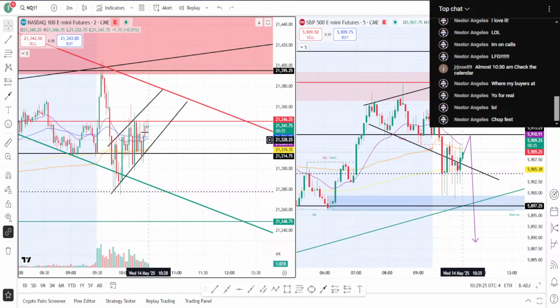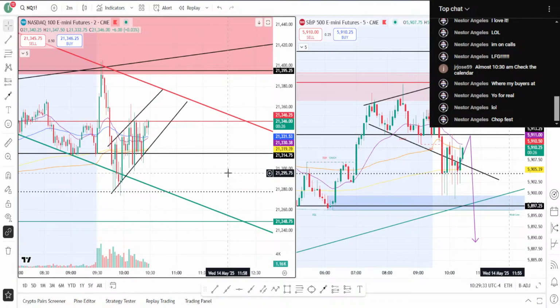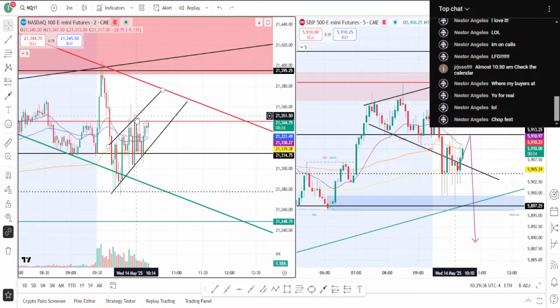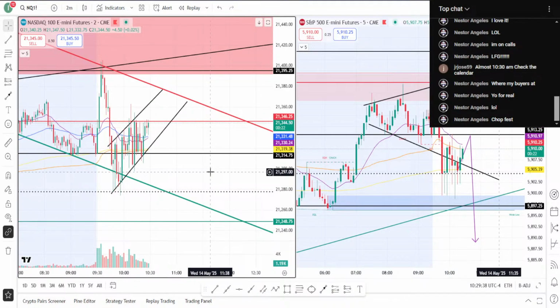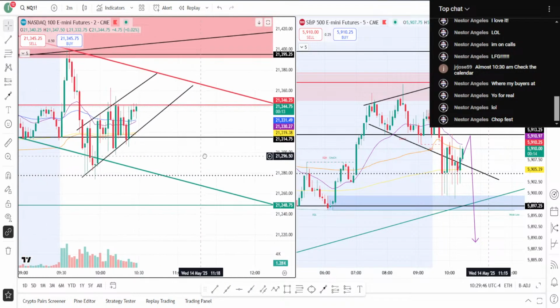That's why we don't want to trade. I want to trade when the buyers are clearly winning or when the sellers are clearly winning, but I don't want to trade this extreme chop. All we can do is wait.